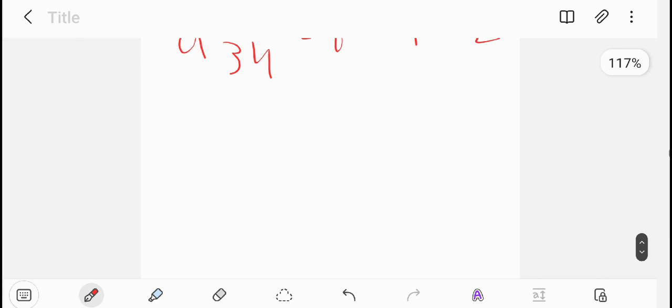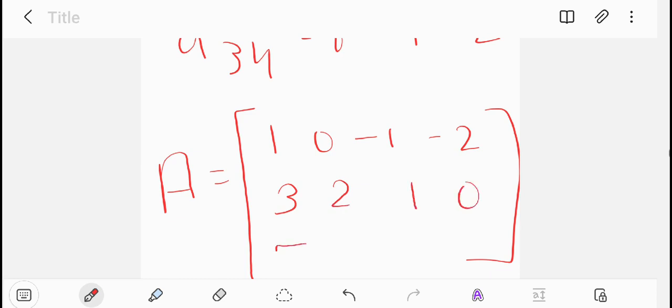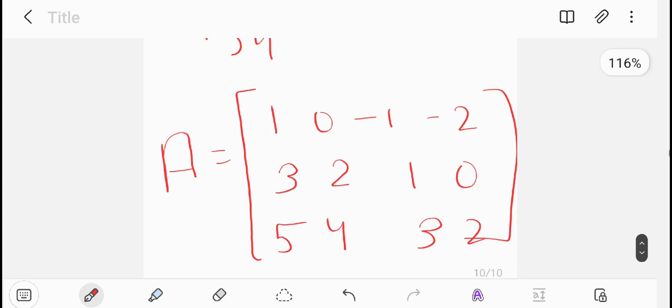So I have got all my values. Now simply substituting all these values into the general matrix. Now this is our answer. This is the required matrix which we are seeking.